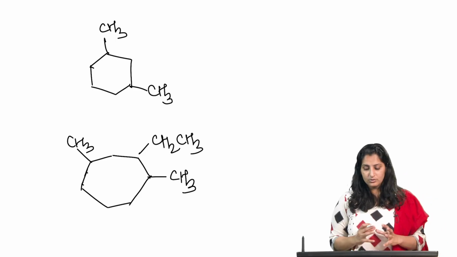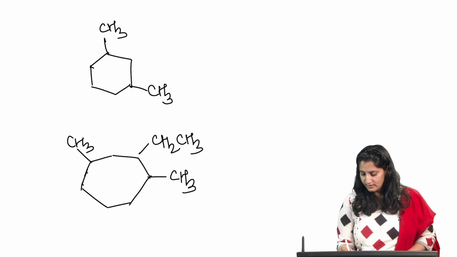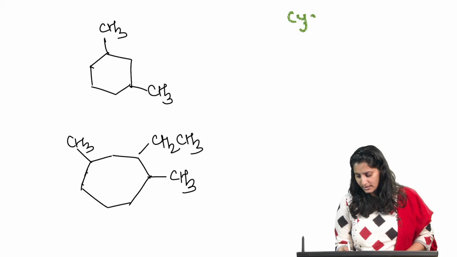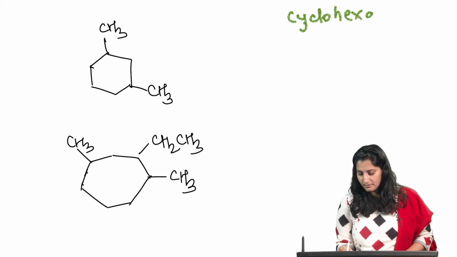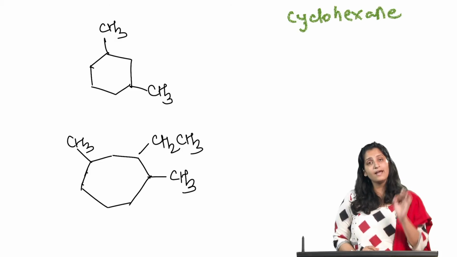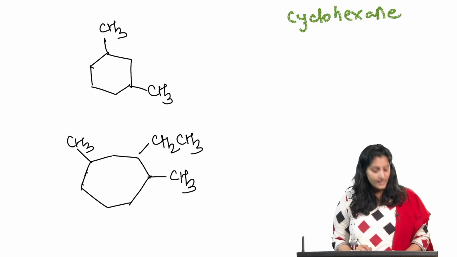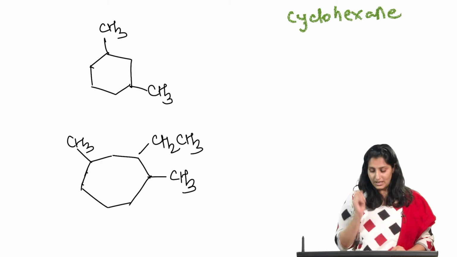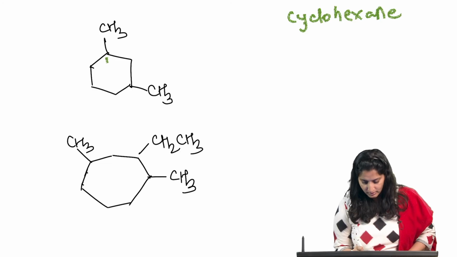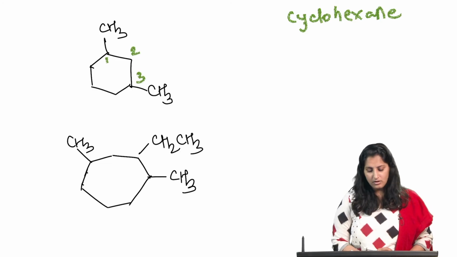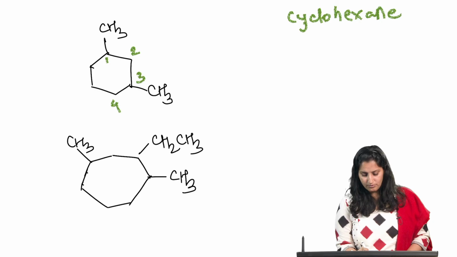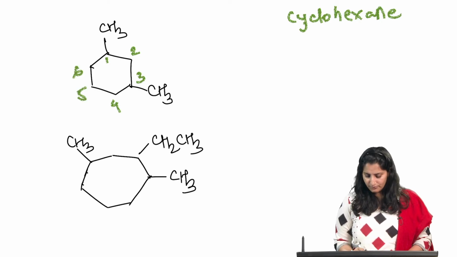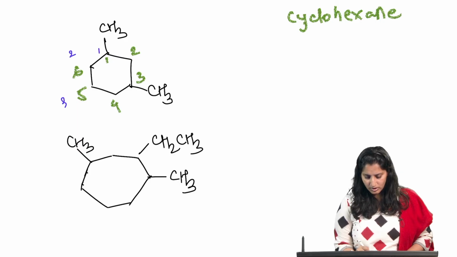Now, if I want to name this particular cyclohexane, first of all the parent will be cyclohexane and I have 2 methyl groups. Now, I can start naming them such that I go 1, 2, 3, 4, 5, 6, that is one way of naming, or I can go the other way, 1, 2, 3, 4, 5, 6.